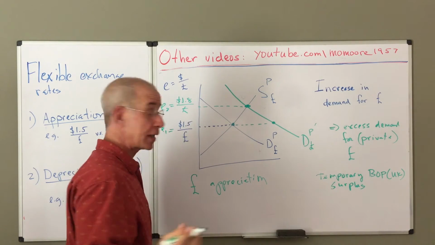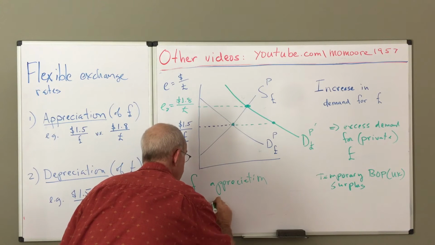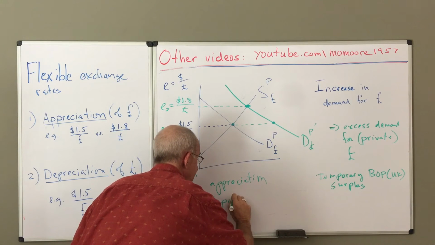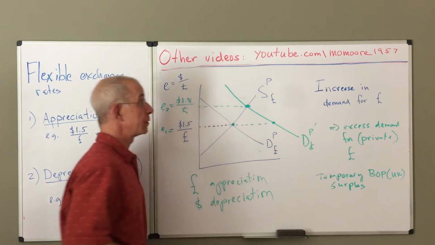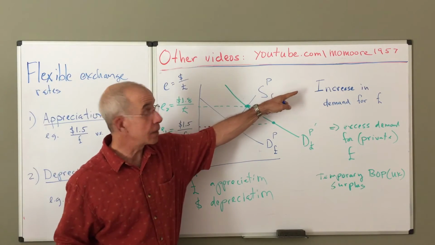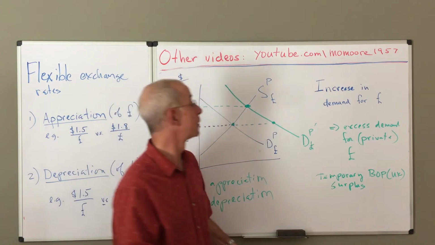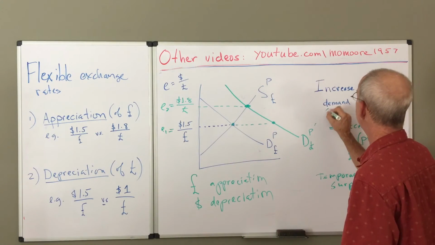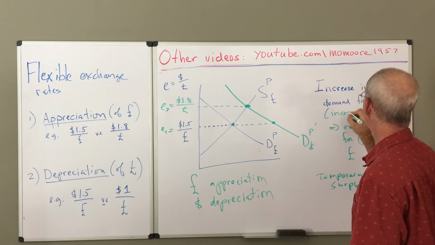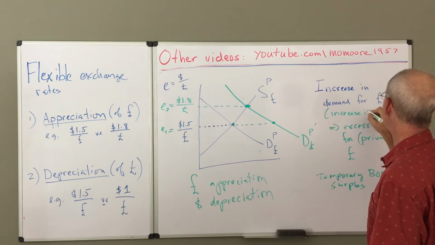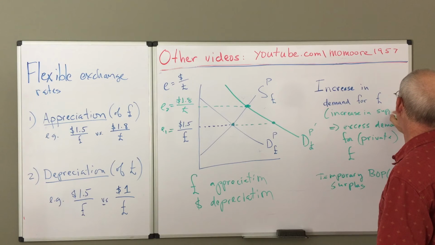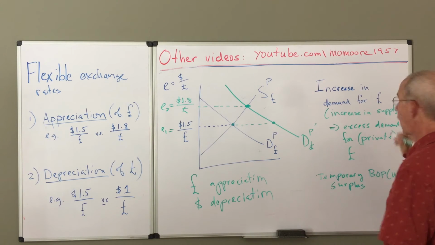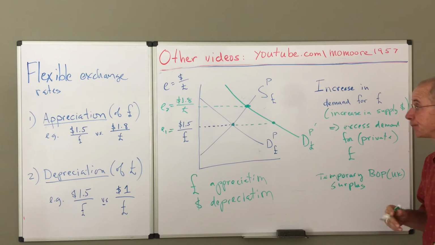Now you could also think of this from the dollar standpoint, that it would be a dollar depreciation, because the increase in the demand for pounds, as we've talked about before, is another way of saying that there's an increase in the supply of dollars in the foreign exchange market.